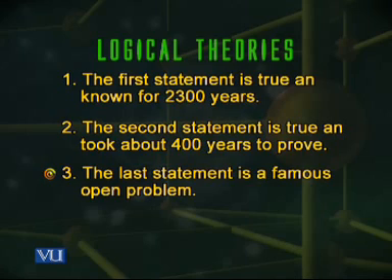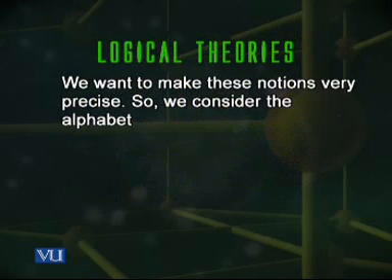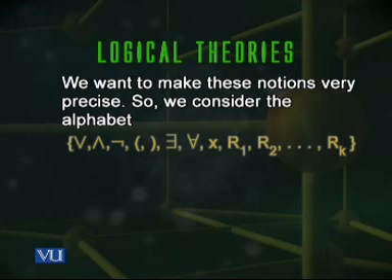What we want to do is, now we want to study these statements very formally. We want to make all these notions very precise. So we start with this alphabet which has or, and, negation, the two parentheses, there exists, for all, x, and some things which we are going to call relation symbols, R1 up to Rk.